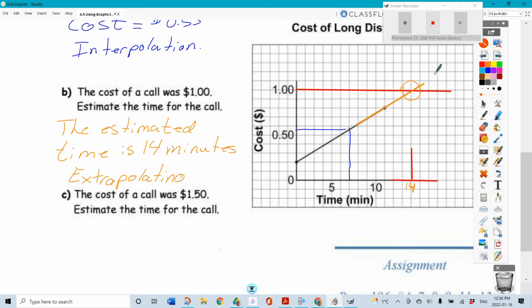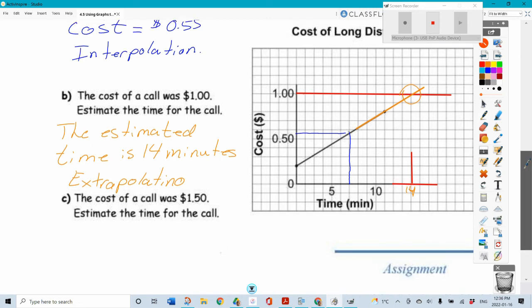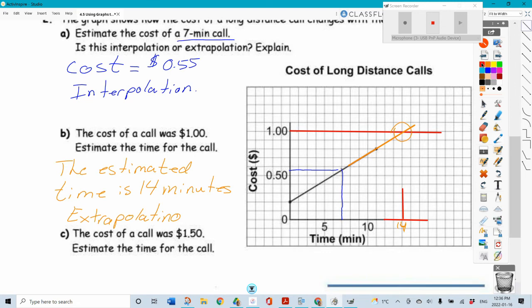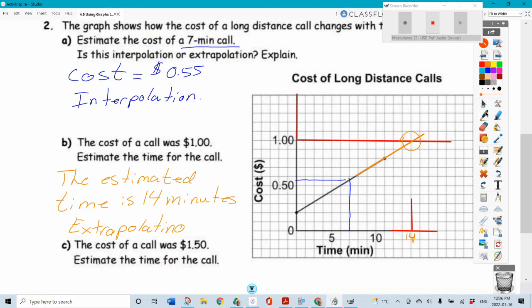Now this says the cost of a phone call was $1.50, estimate the time of the call, and this is for part C. In this case, I've got to do a little bit more extending. I'm going to extend this top line for my cost all the way up to the top. If I put in some numbers, I'm going to count here: this is 10, 20, 30, 40, 50.